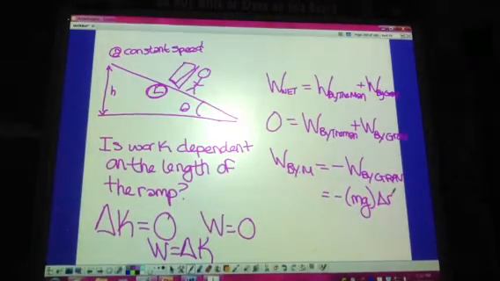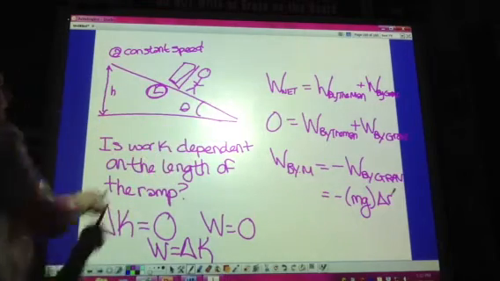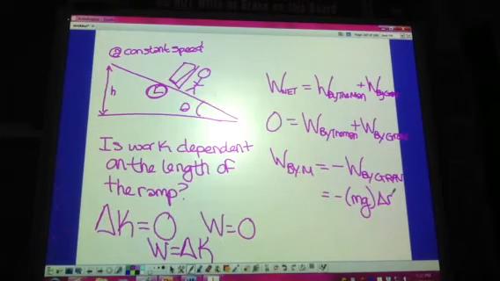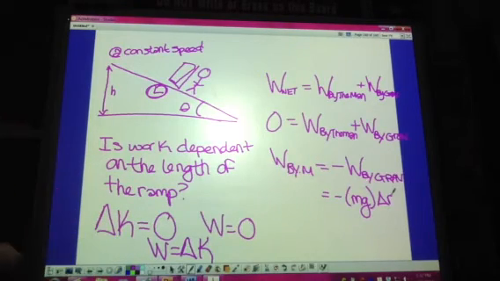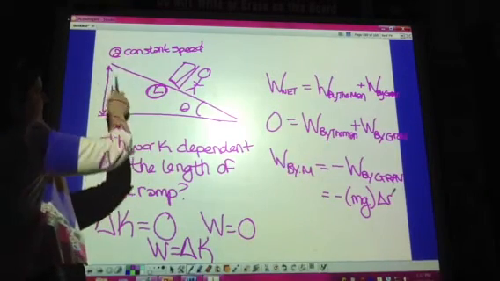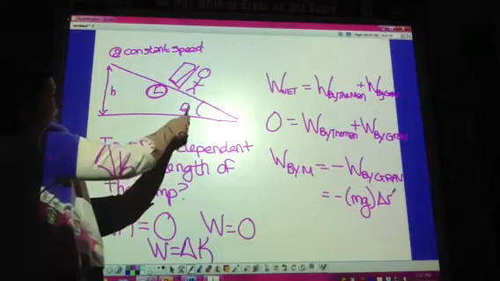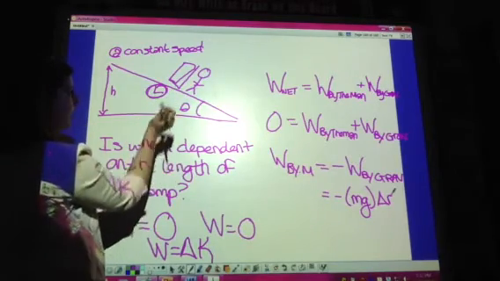But I don't want delta r, let's say it in terms of what we have here in our problem. Because he's thinking that the work is dependent on the length of the ramp, the displacement would be my length of the ramp times cosine theta. But that refrigerator is also at a 90-degree angle already.